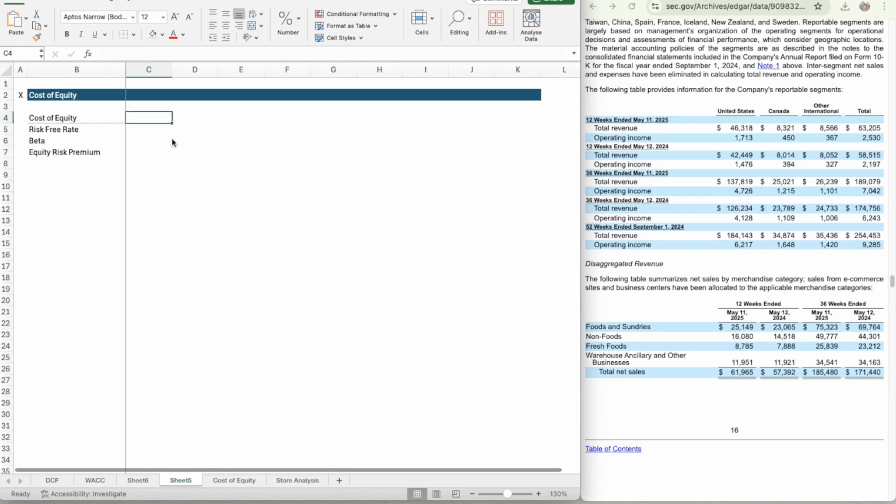And we can get this to auto-populate. So we'll go cost of equity equals the risk-free rate plus the beta multiplied by the equity risk premium. And obviously it's 0 at the moment because we haven't done anything. So let's go on to the next section, which is the risk-free rate. This is always the easiest.